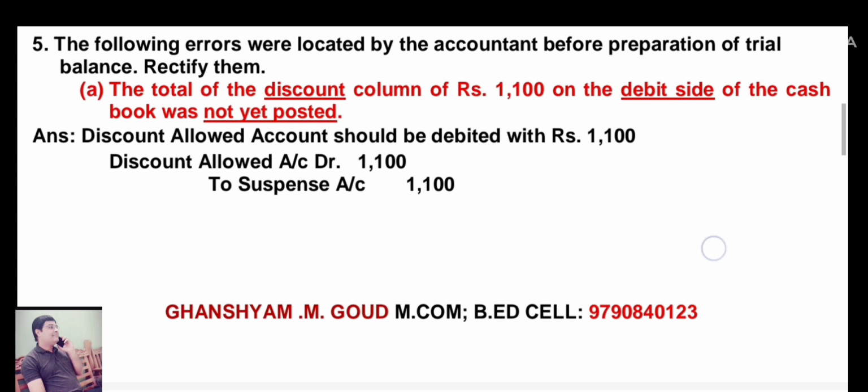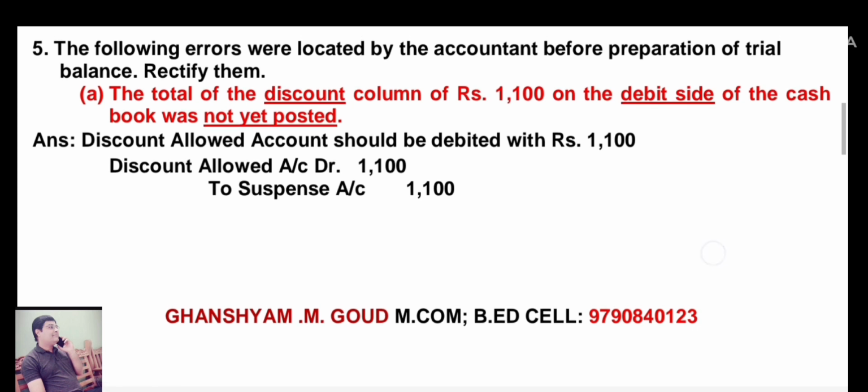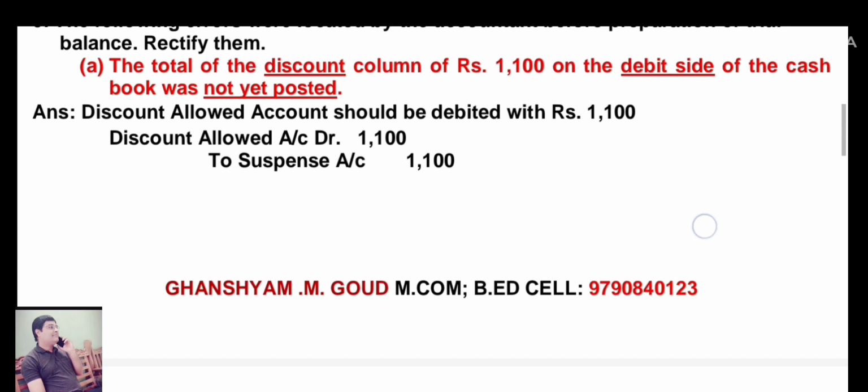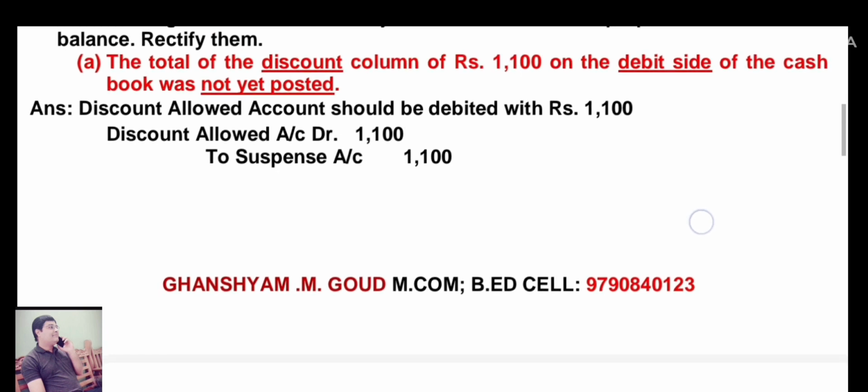So answer is discount allowed account should be debited with rupees 1100. So discount allowed account debit to suspense account 1100. We have to write the original entry because we forgot to write in the account.